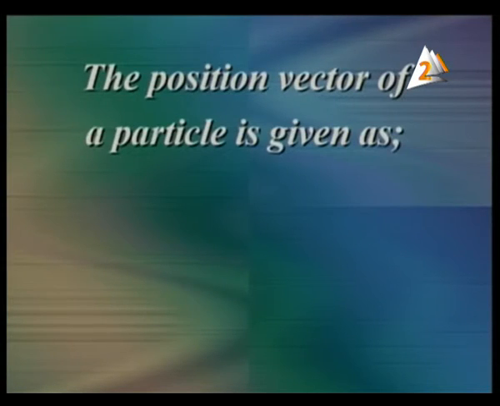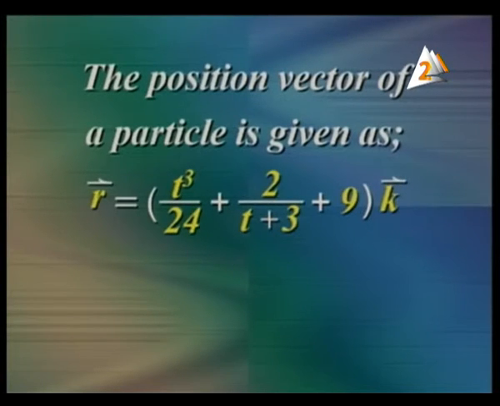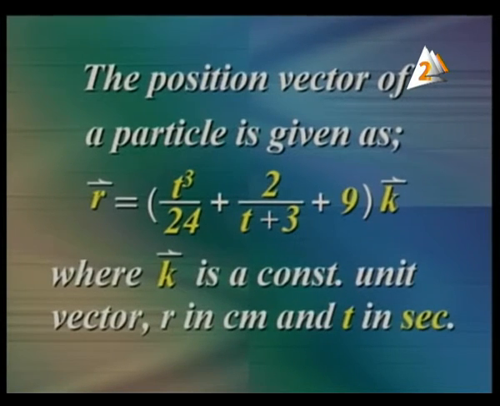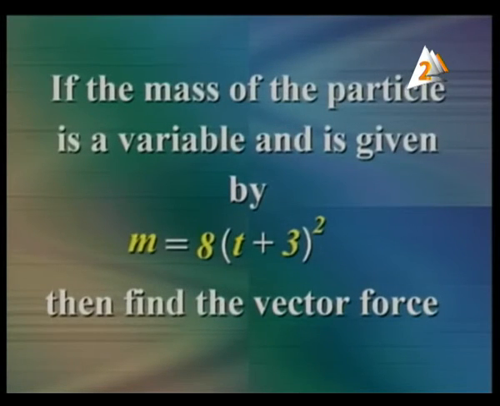The position vector of a particle is given as R equals t cube over 24 plus 2 over t plus 3 plus 9 in direction k, where k is a constant unit vector and r in centimeter and t in second.